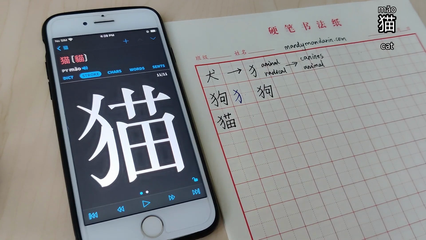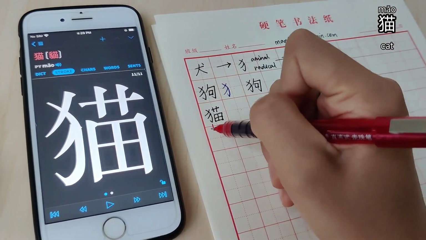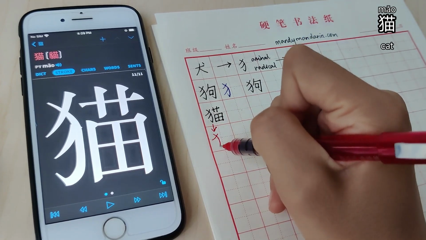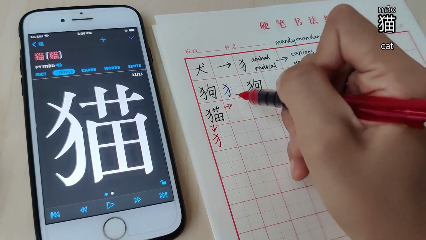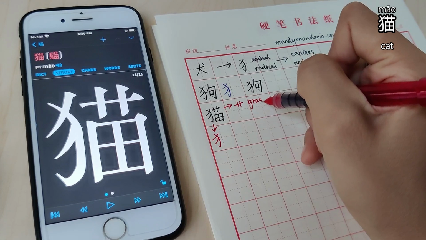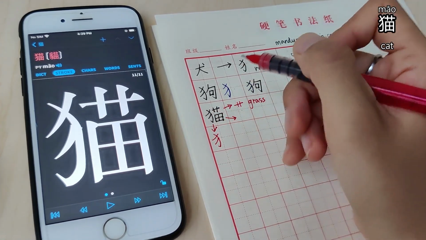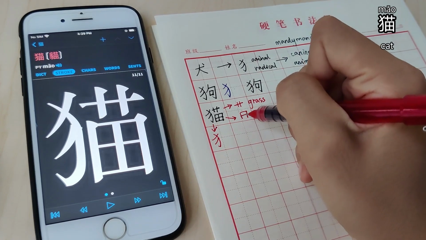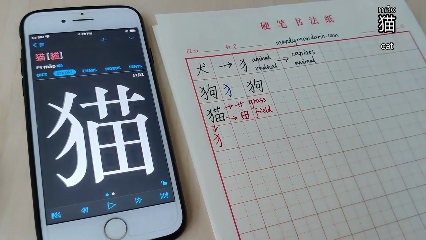I think I've mentioned it before in my previous video, but I still want to talk about it one more time. All right, so on the left, we have the animal radical, and on the top right part, we have the grass radical, and on the right bottom, this is the field, right?